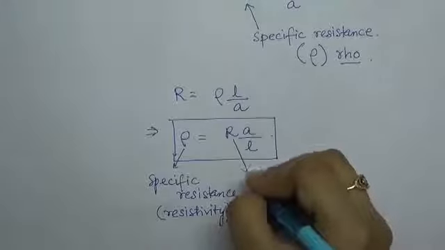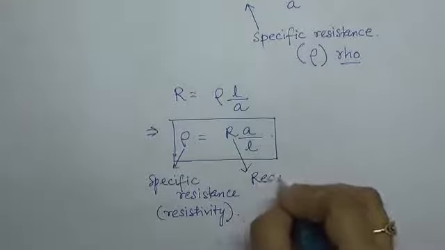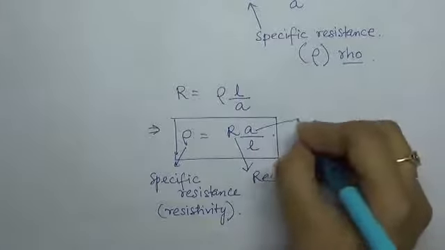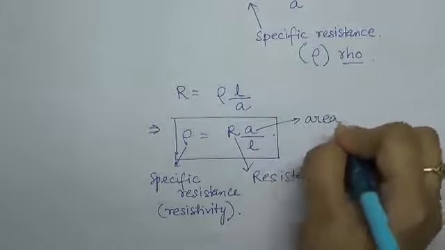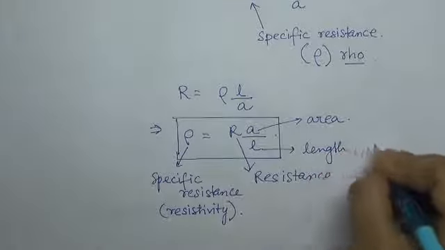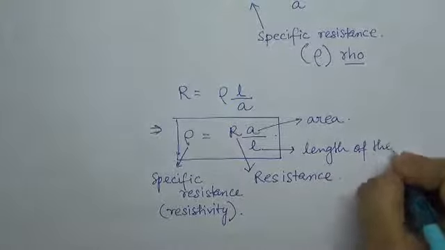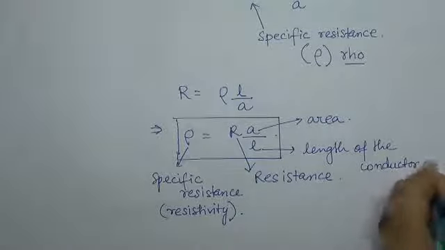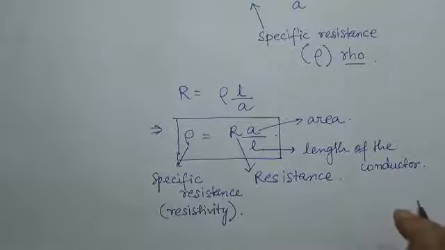R is the resistance, A is the area, and L is the length of the conductor. Okay, so this is clear to you.